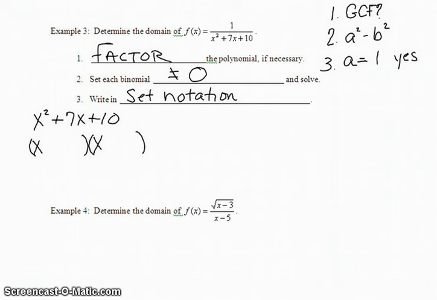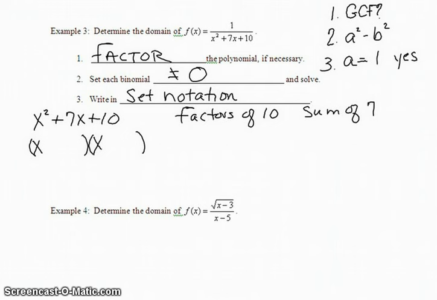Then I need to find factors of 10 that have a sum of 7. And if you can see them, great. If not, make a little chart and just go through that process that we used back a couple note-taking guides.